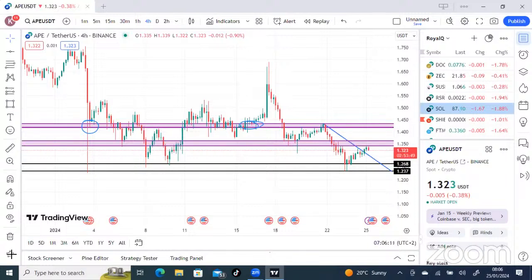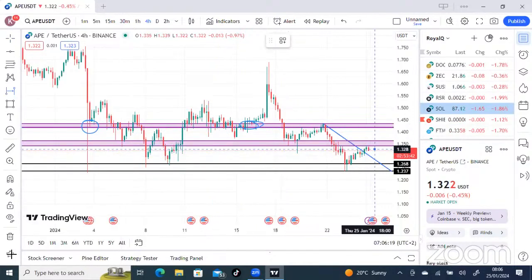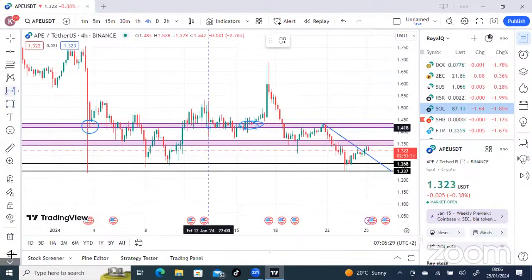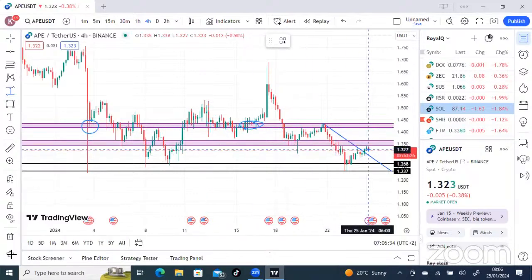Okay. So, in a nutshell, when you come here on measurement and you go from current price, no matter where you are, to where the strong resistance is, from the current price where we are to the main resistance above here, it is a 7%.